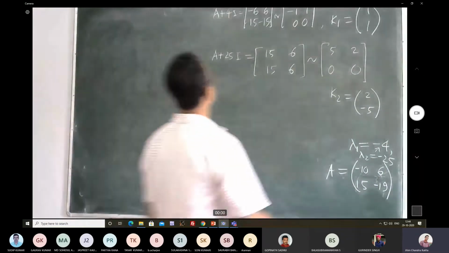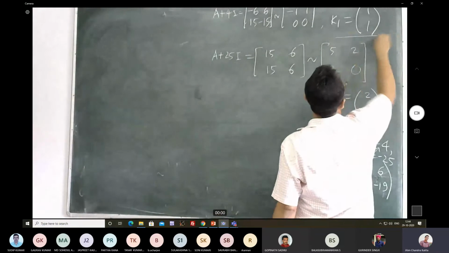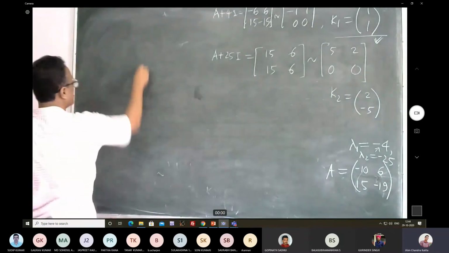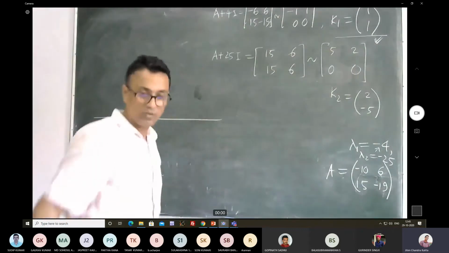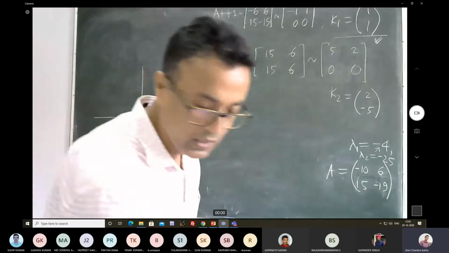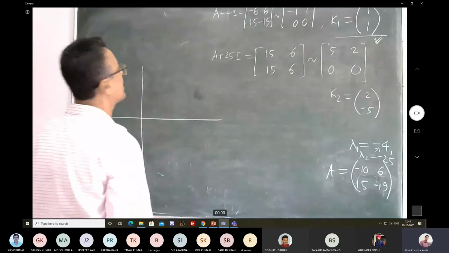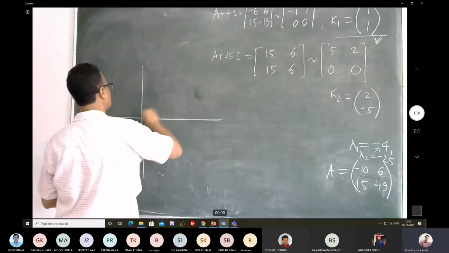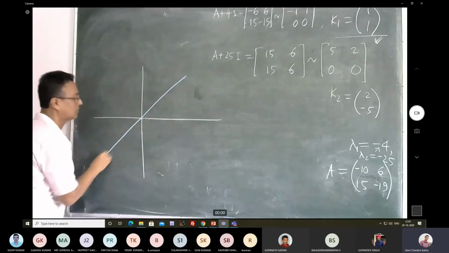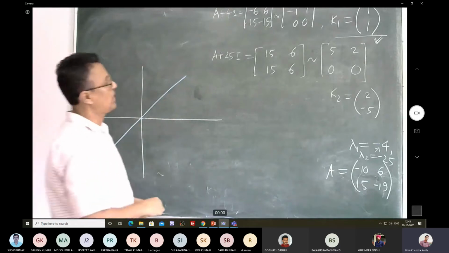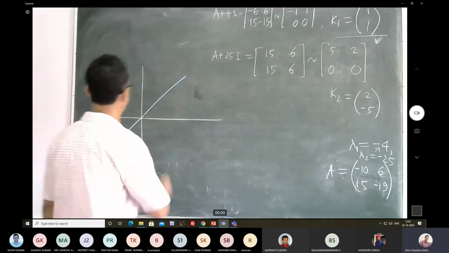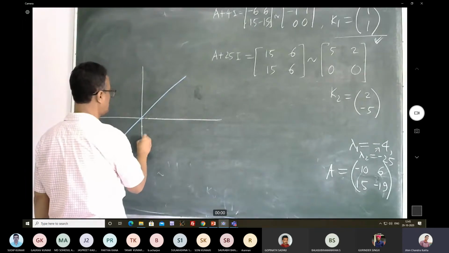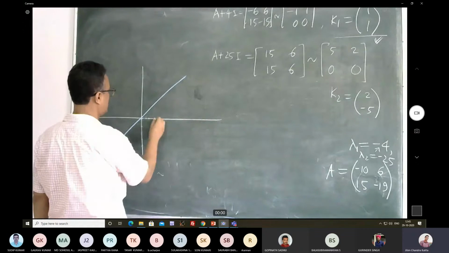So obviously, you know that this is going to be my dominant eigenvector. Okay? So then, simply what you should do, you should draw K1, 1, 1. So this is fine. This is 1, 1 and 2, -5.